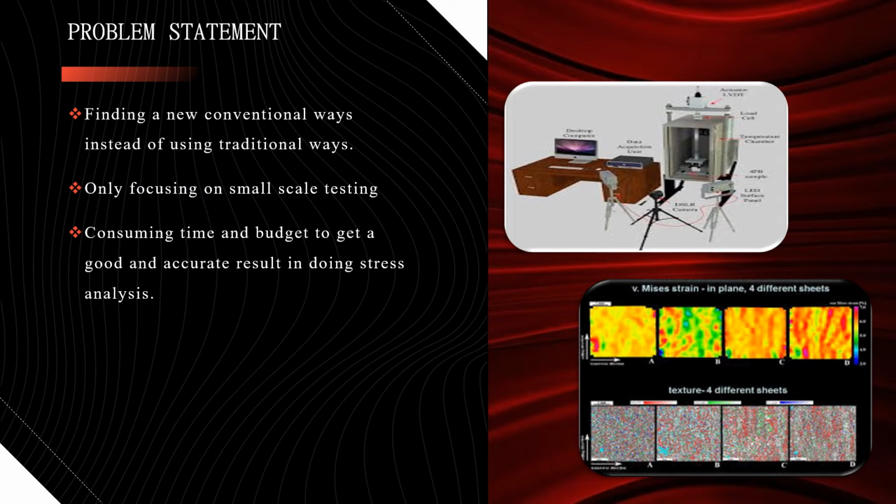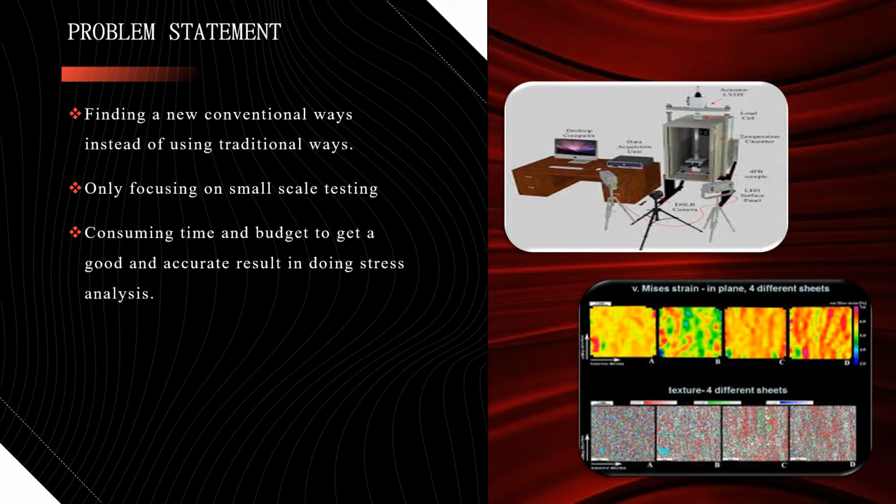Okay, in this slide, I will explain about the problem statement. Even though digital image correlation is known to be efficient in finding stress analysis, it is a much more traditional way. Besides that, it only focuses on small scale testing, which still has much to execute because the setup of the testing needs to be done as precisely as it can be.